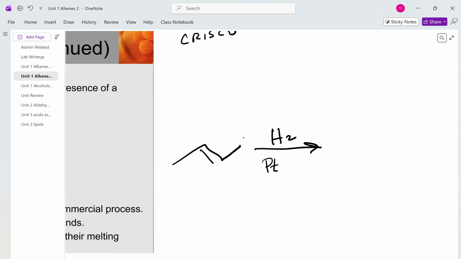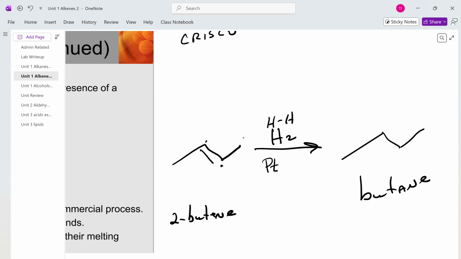It just acts as a placeholder for the reaction to happen. So it's regenerated. Okay, so let's name this. This is going to be 2-butene again. And the H will look like that, H2. So it's going to add to either side of these carbons here. So you're going to end up with butane. Because this is going to be an H here and an H here.